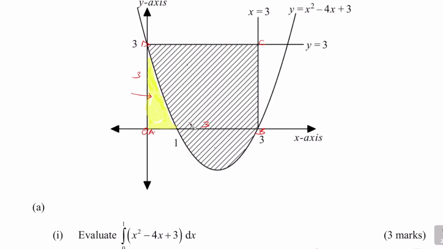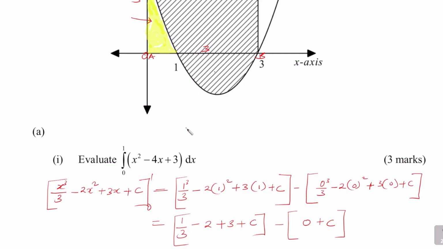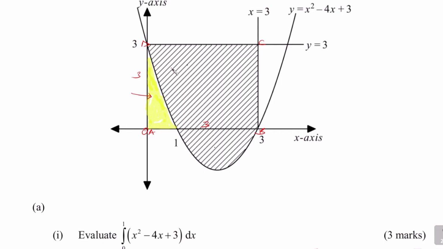If you look keenly, that is what we calculated in the first part of the question, part A. When you integrate this function, x squared minus 4x plus 3, from 0 to 1, that gives the exact area under the curve.